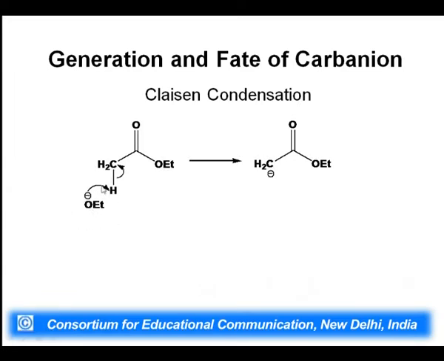Ethoxide is acting as a base again, and in a similar manner to the aldol condensation it abstracts a proton, H plus, and leaves the negative charge on the carbon atom, this CH2 group. So, CH2 is again a negatively charged system.